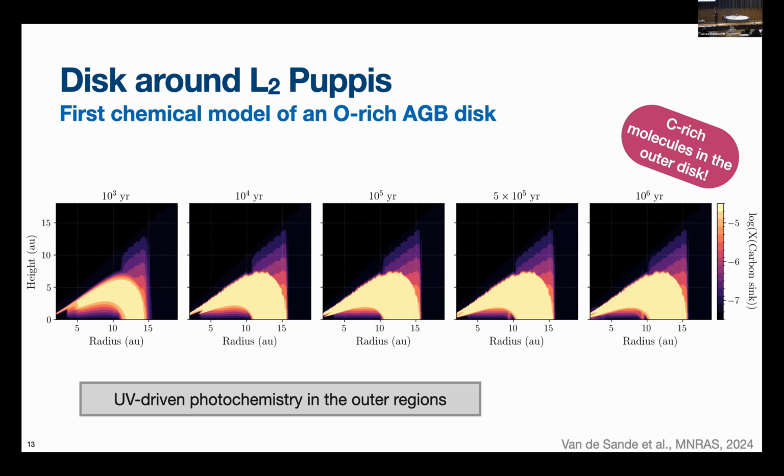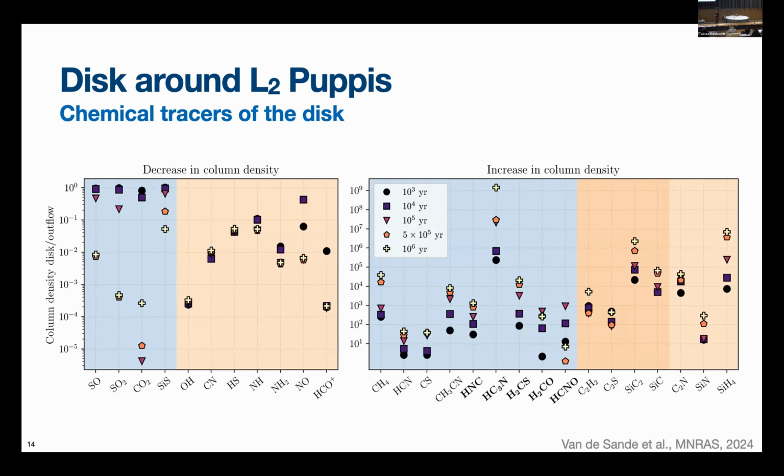So that's quite interesting. And this figure summarizes a bit what I've been talking about. So it shows you, on the left, you have species that show a decrease in column density with respect to an outflow. So for example, CO2, its column density can decrease by about 5 orders of magnitude.